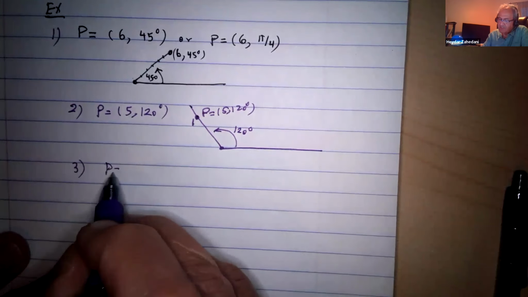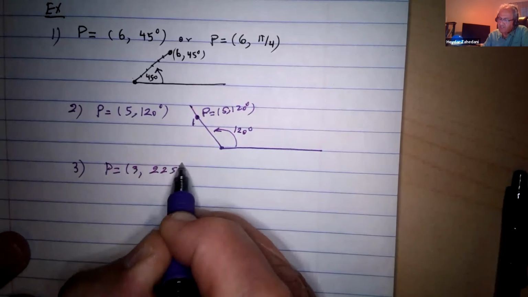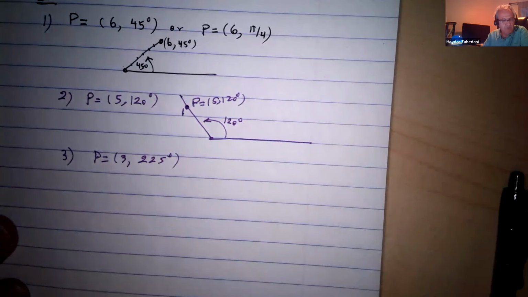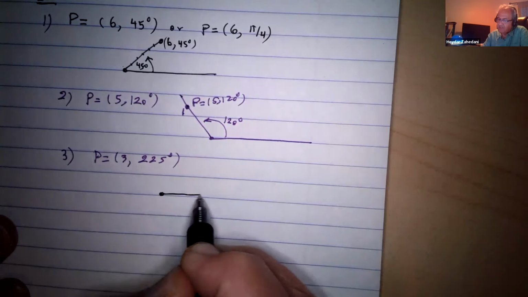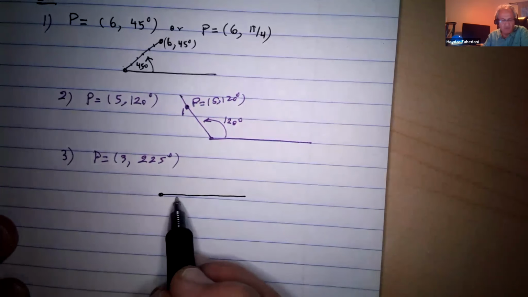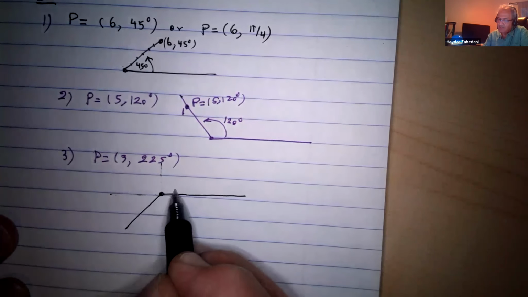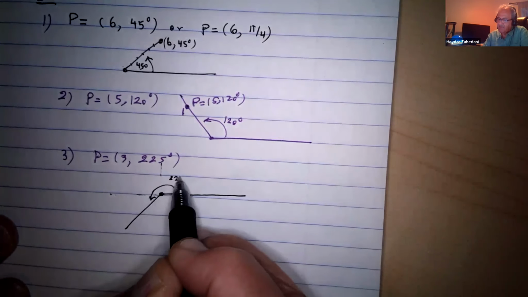The next point is going to be something like 3 and 225 degrees. It's over 180. So you get the pole, and you want to pick the angle, so you have to go on: this is 90 degrees, 180 degrees, and this angle is 225.